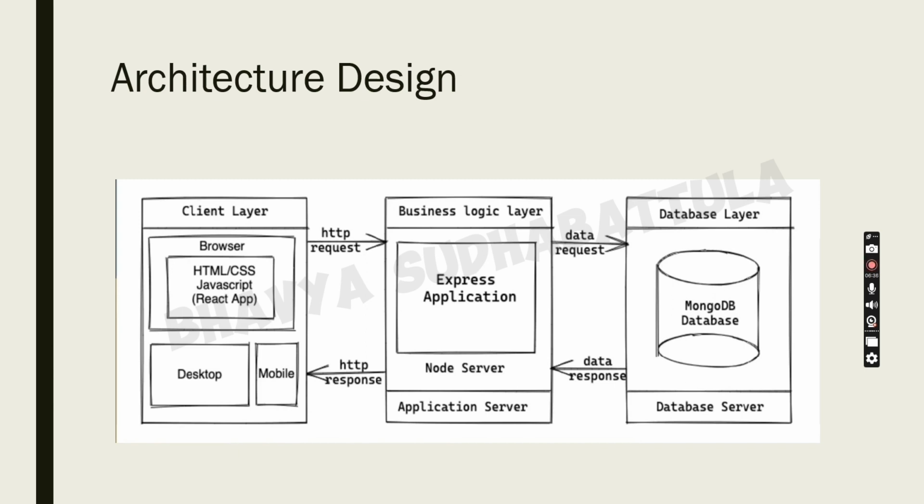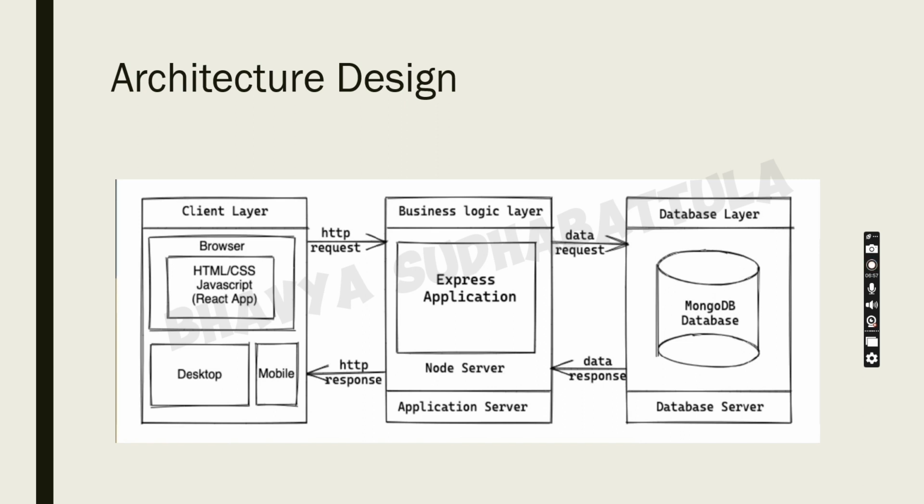In the front end, we use programming languages like HTML, CSS, JavaScript, and React. This can be a desktop or mobile application, where we see the web page with paragraphs, images, videos, etc. This client will send the HTTP request to the logic layer.